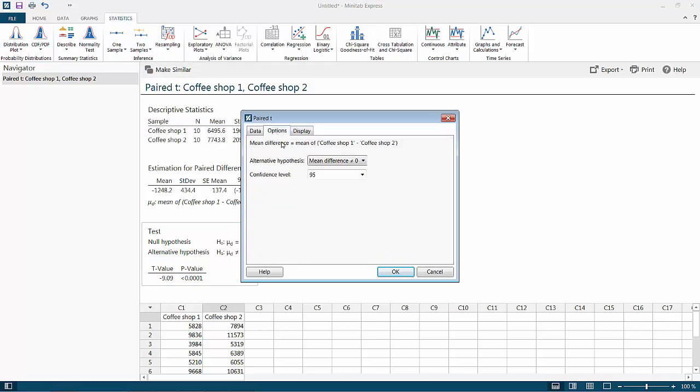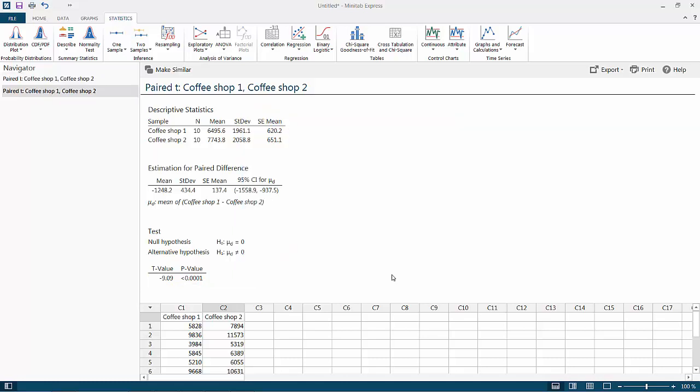In Options I will use a 95% confidence level and then click OK. Again, we got a p-value of 0.0001, which is less than alpha, so we reject H null, and in our 95% confidence interval both values are negative. That means coffee shop 2 should have larger values compared to coffee shop 1.